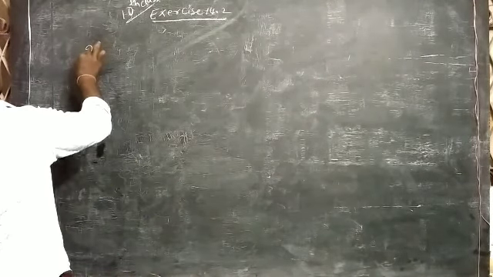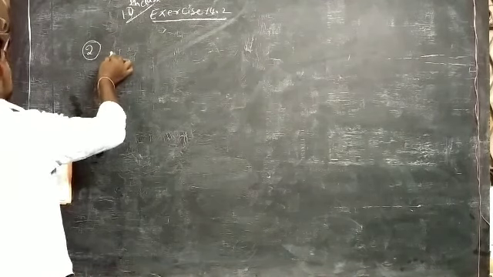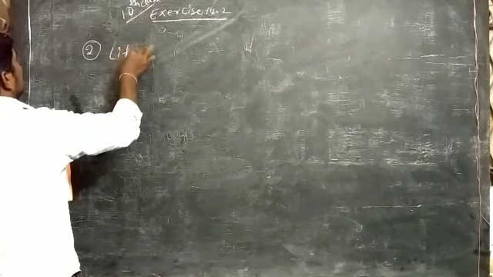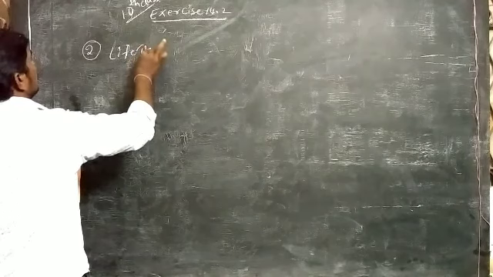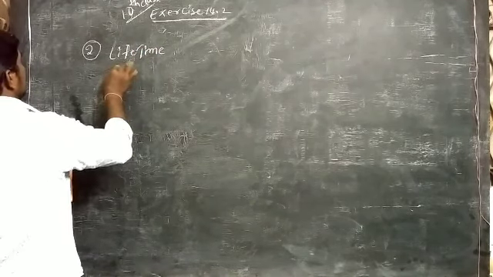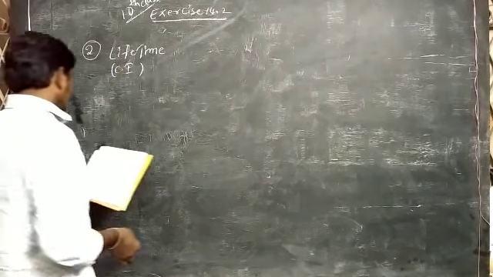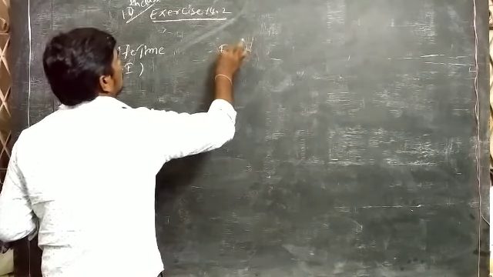Second question I am going to explain. The first column here, lifetime in hours, is nothing but the class interval. Our next column is the frequency column.